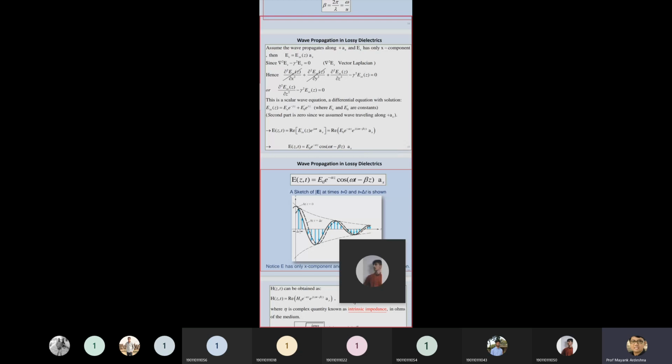Now you have two possibilities. Since the signal is moving in the Z direction, it may move in either the plus Z direction or the minus Z direction.